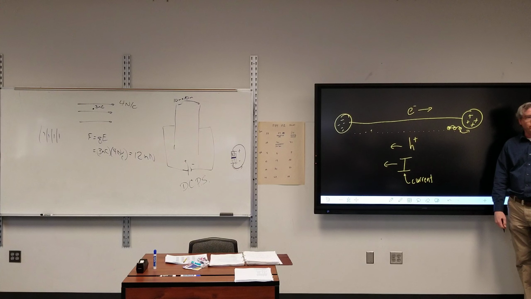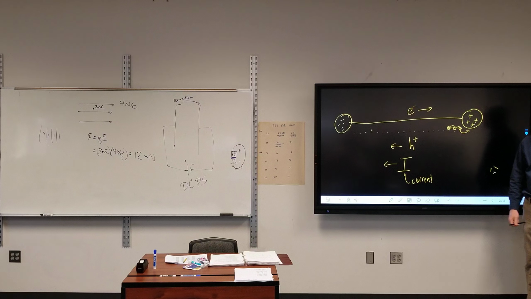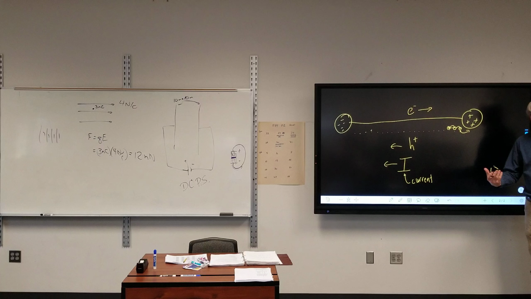I got positive charge flow then. Probably in all of your experiences, current just flows opposite direction of the electron flow. Other than physics 152, where occasionally we will have positive charges flowing.